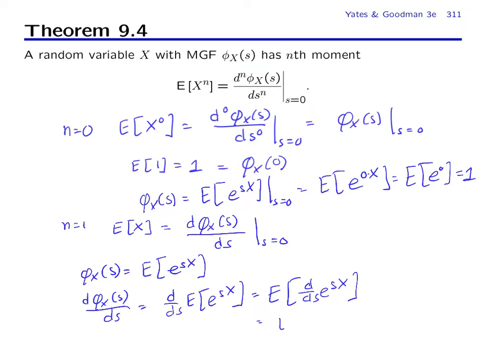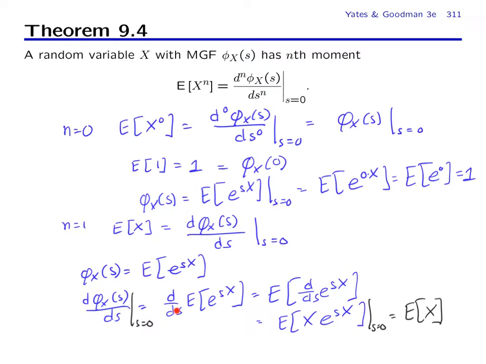And so we get the expected value of X e to the sX. Now, evaluating both sides at s equals 0, we get E of X, and this term, e to the sX, drops out because at s equals 0, it's just equal to 1.